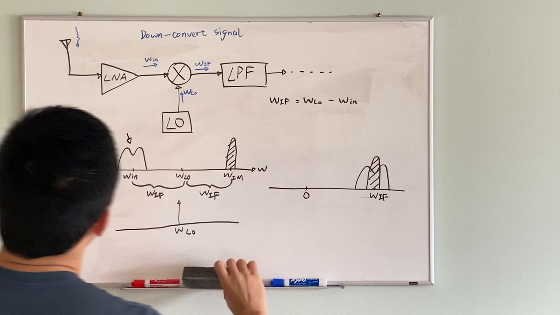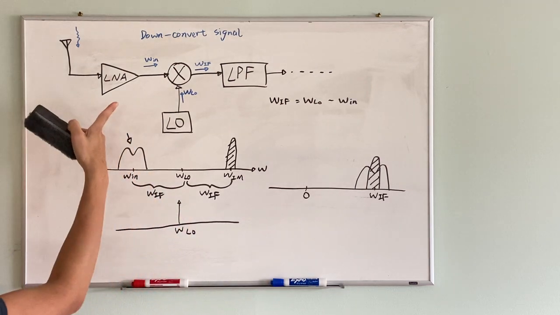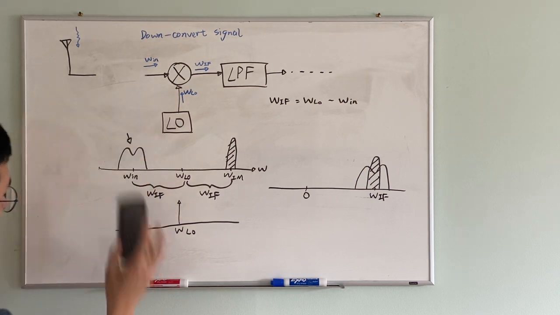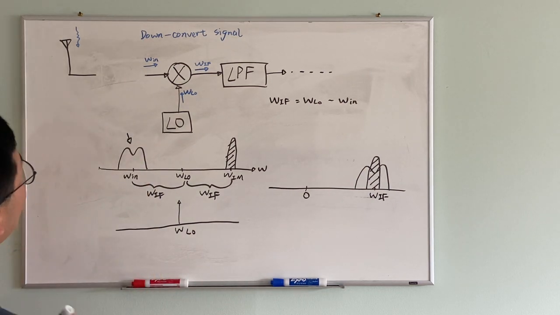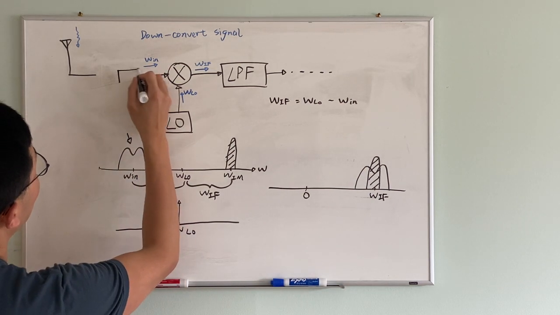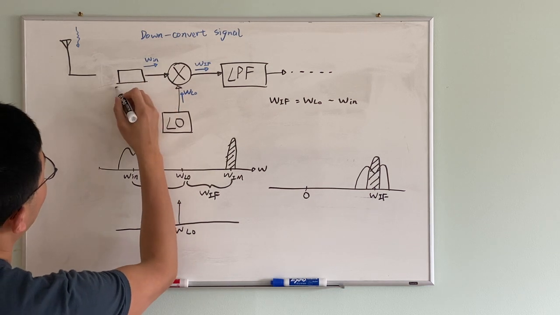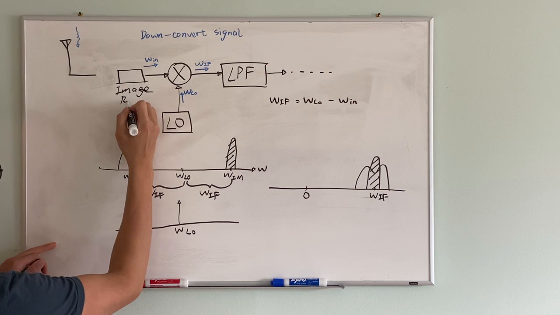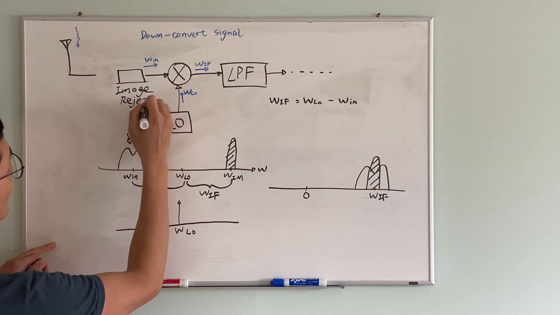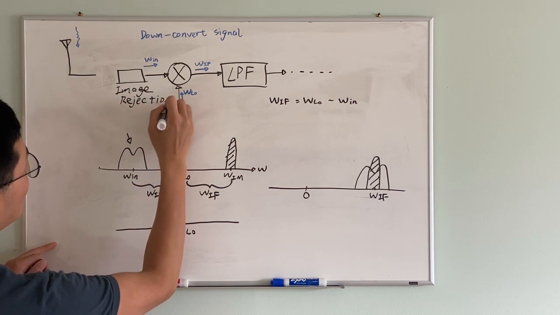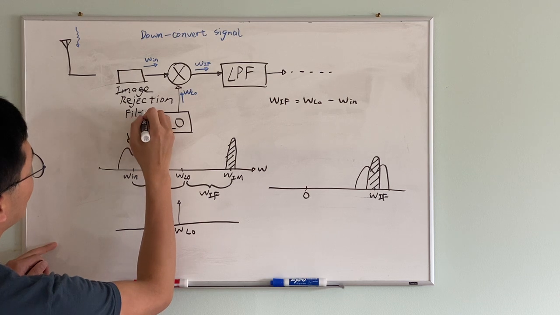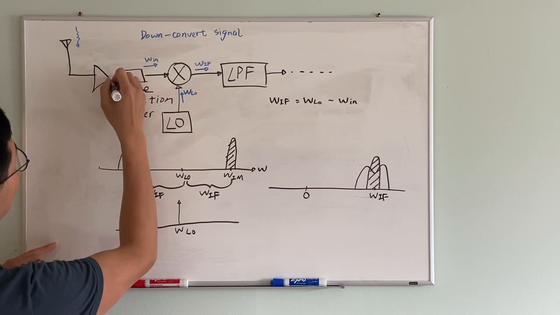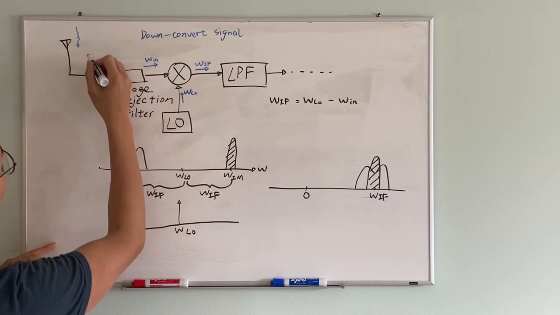So instead of drawing the receiver like this, we should add what we call an image rejection filter between the LNA and the mixer.